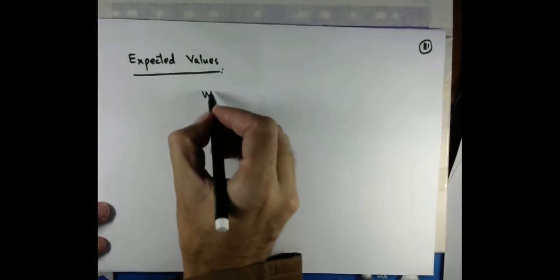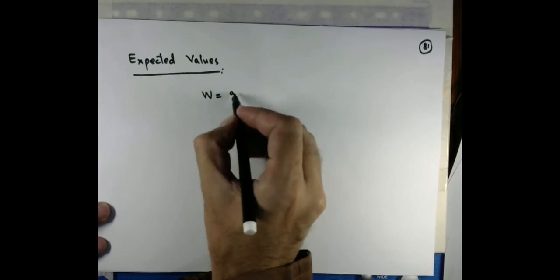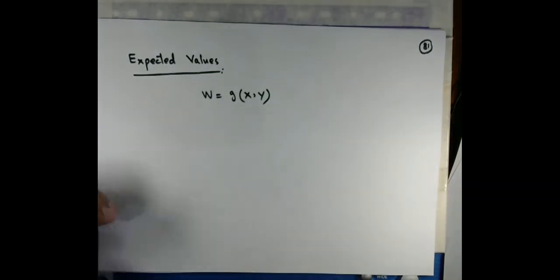So what about the expected values, which means the joint expectations? Say you have some random variable w, which is obtained by applying some functional form on the two random variables x and y.